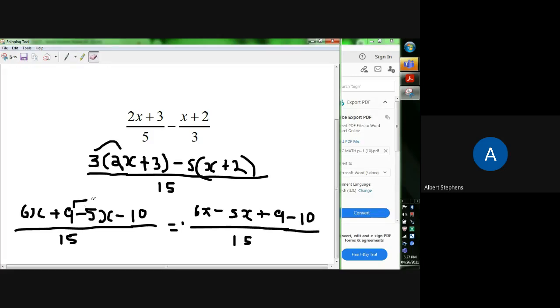If you check on the right hand side, all the signs are the same. Look, that's negative 10. That is also negative 10. That is negative 5x. We also have negative 5x. This is plus 9, so that's also plus 9.